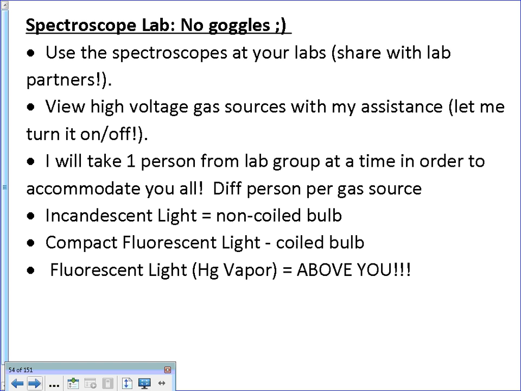Make sure you have the sections. Order on the fluorescent.